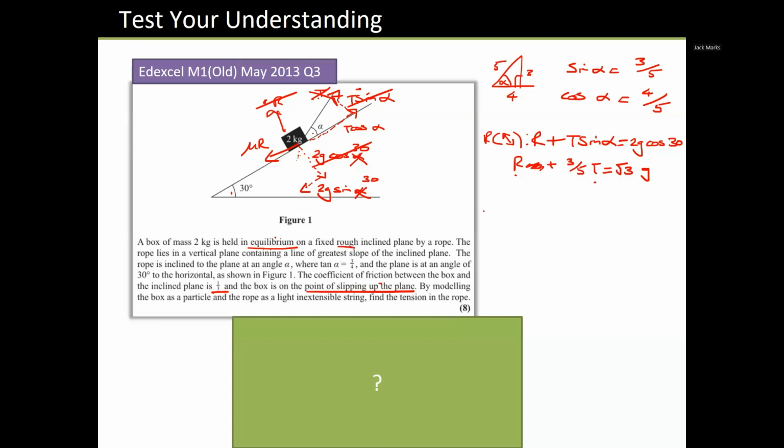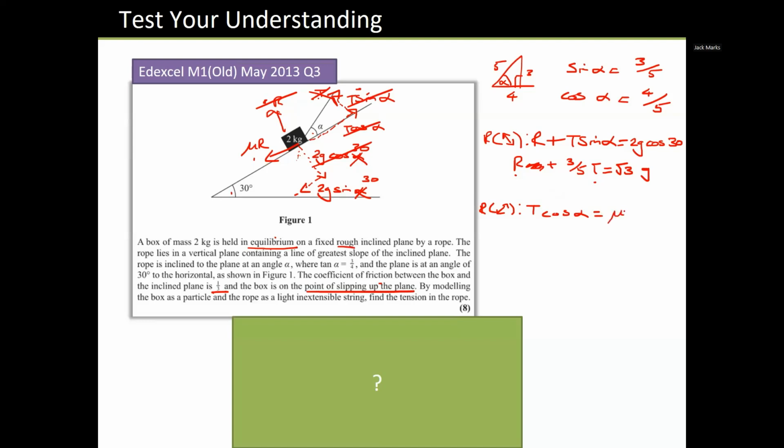Okay, now let's do parallel. I'm going to do up the slope as positive. So, well, as the left-hand side, I mean. So T cos alpha is going up the slope. Anything else going up the slope? No. 2 forces going down the slope. So this force will be equal to those 2 forces.